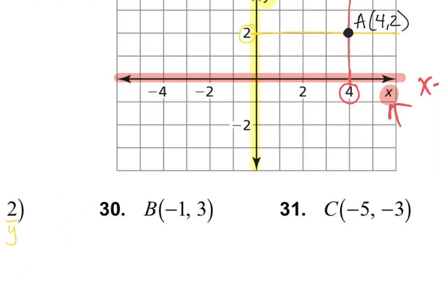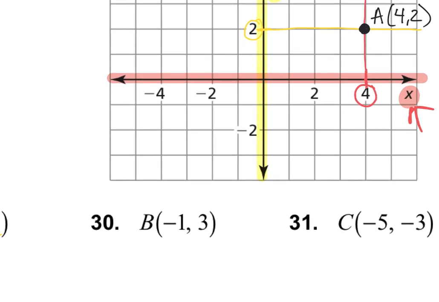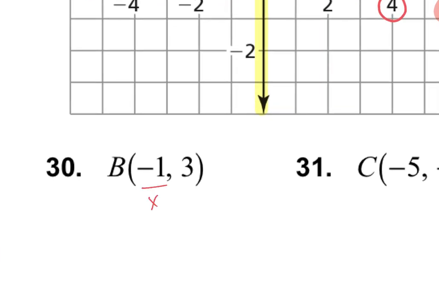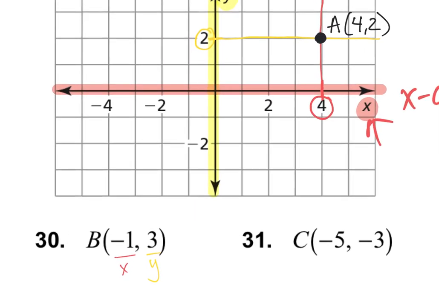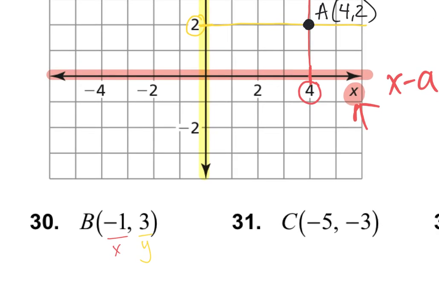Let's do B. So B, its x component is -1, and its y component is 3. That means we're going to find -1 on the x-axis. That would be right here, okay? Because 2 units would be right here, so we're only going -1 unit in the x direction.